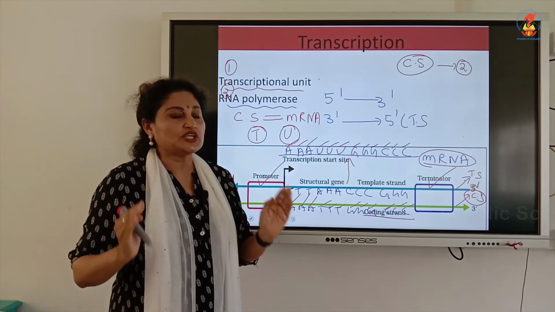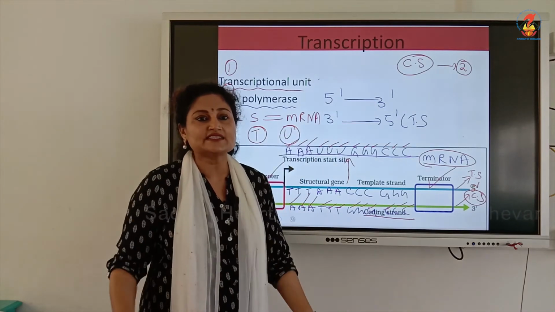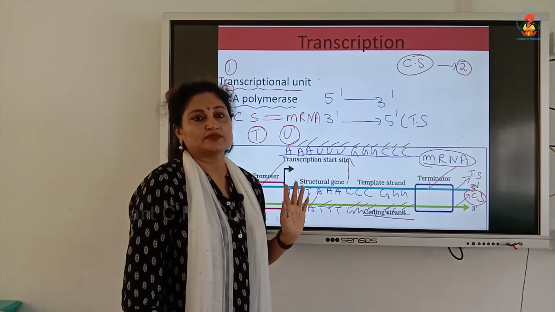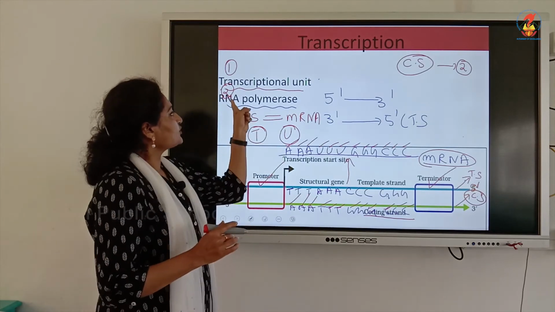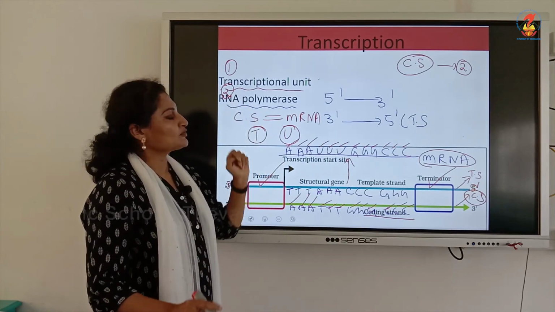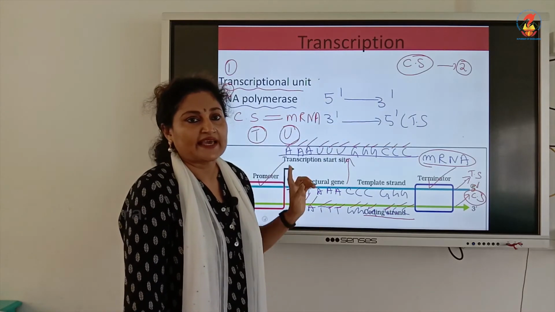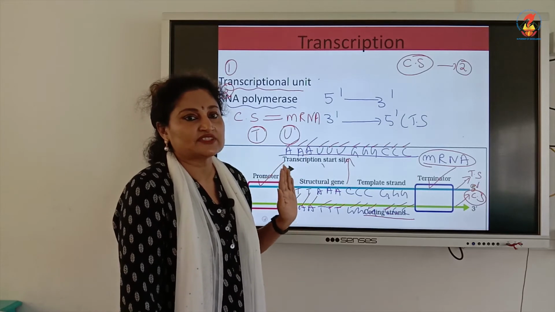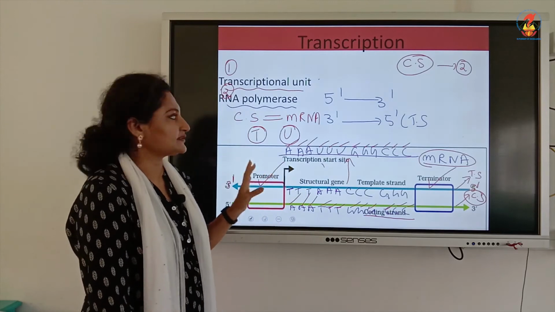And remember, another importance of the coding strand: the sequence of the mRNA is exactly similar to the coding strand, except that T is replaced by U. Clear? Then I told you another important fact about the RNA polymerase. It functions only in the 5' to 3' direction. Hence, which strand serves as the template? It is the strand running in the 3' to 5' direction.